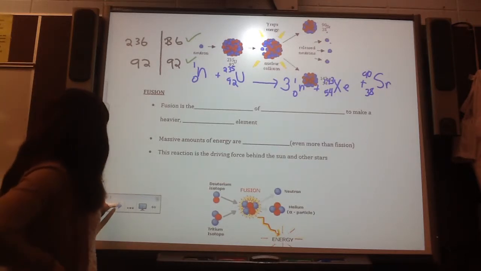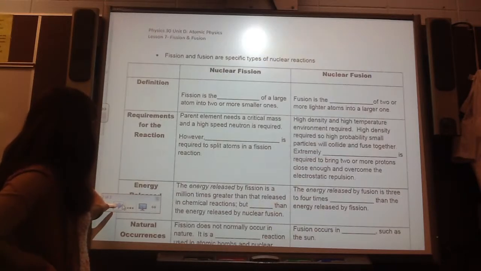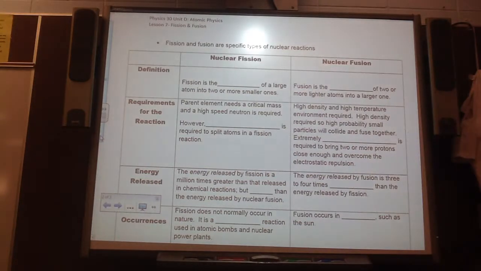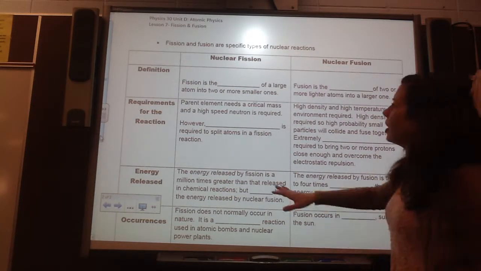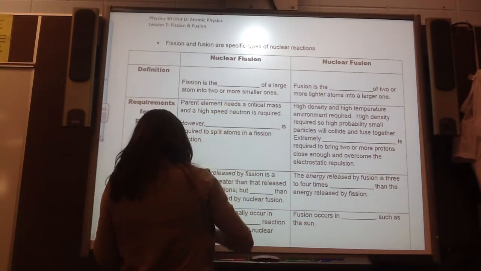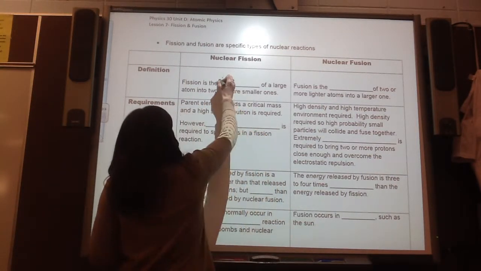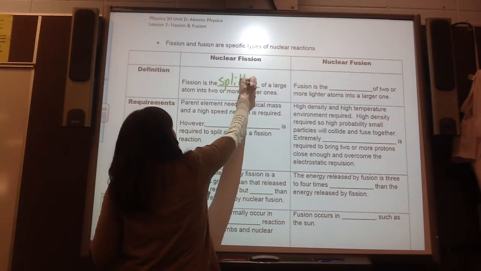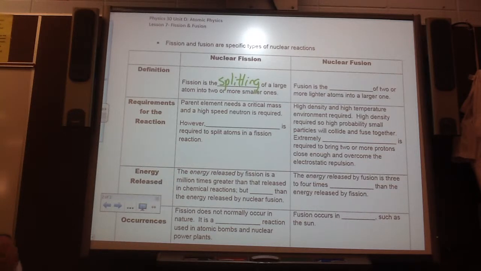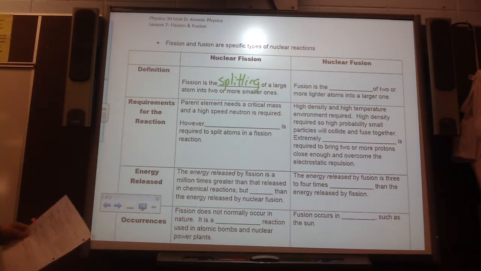Okay, so then actually flip to your next page, and we'll fill in the compare chart for fission, since we just did that one. You can flip to the back, just turn it over. So for fission, the definition: fission is the splitting of a large atom into 2 or more smaller ones, so it could be multiple.